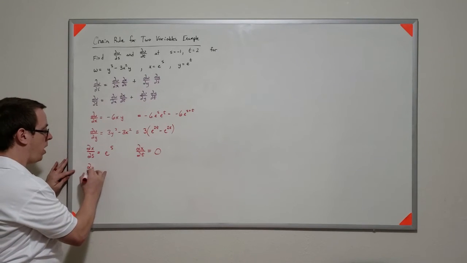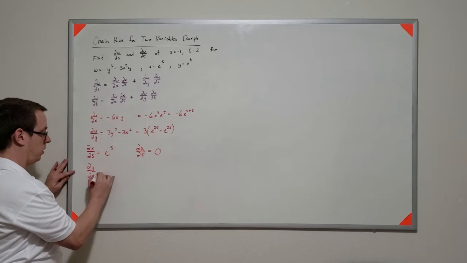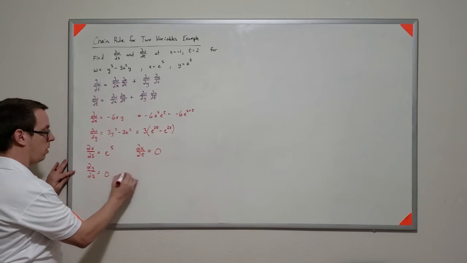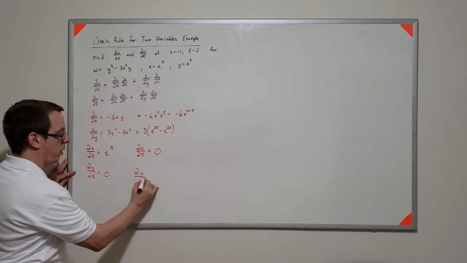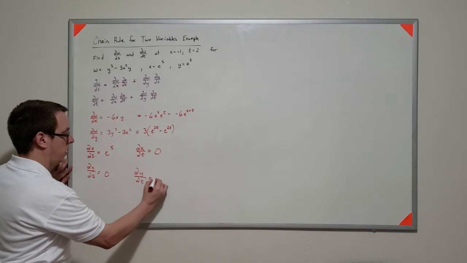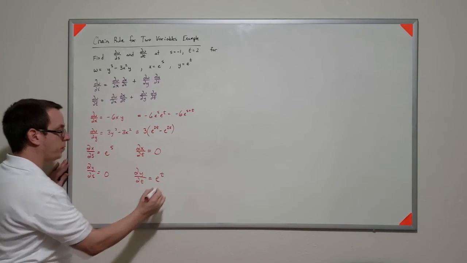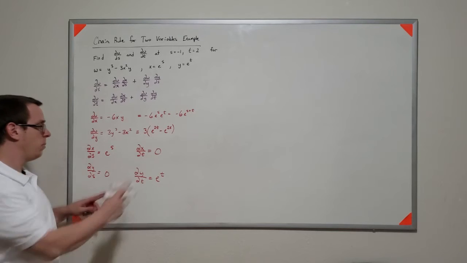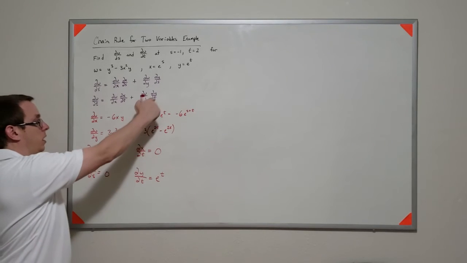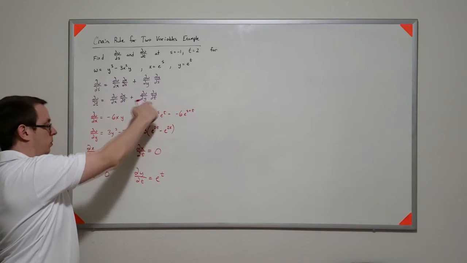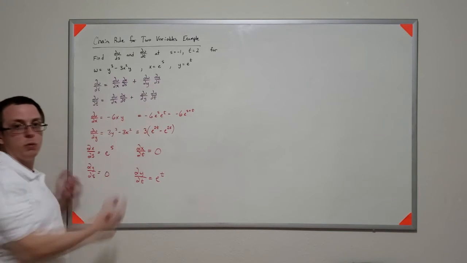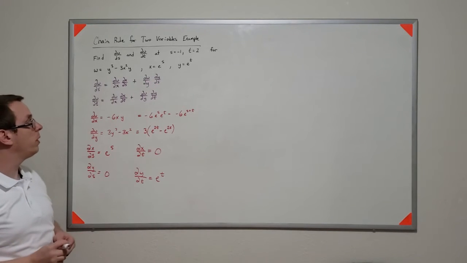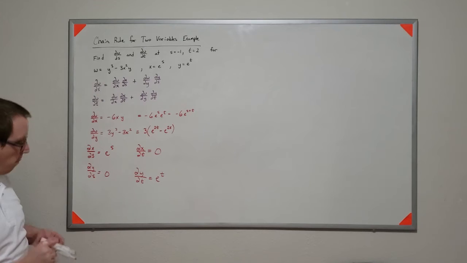The partial of y with respect to s is 0, and the partial of y with respect to t is e to the t. So that's convenient because that tells us when we plug in here and here, those are both going to be 0, so we don't have to really think that hard about it.